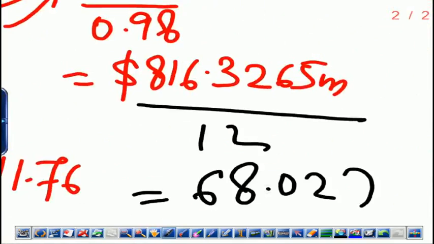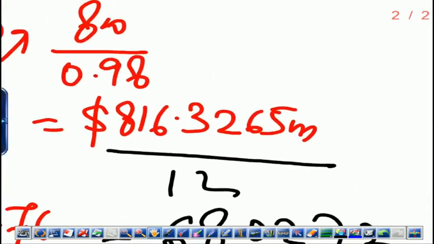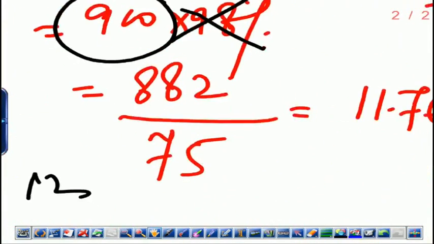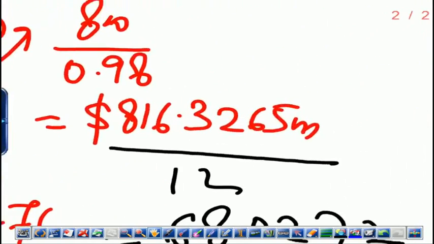Now, if somebody will say that, sir, even though the institute is doing it gross-wise, can I do it net-wise? The answer is 100% yes. But will that checker understand? No, he will not understand. He has never heard the word ADR, GDR in his life. So if you do it in this manner, that, sir, I calculated the net proceeds and then I did it, I think when he gives stepwise marking, none of the steps will match, because he will find 816.3265 has not been arrived by you.